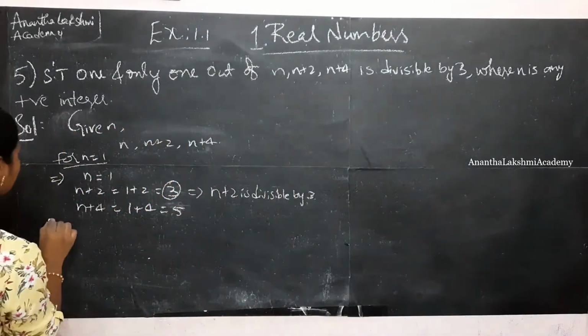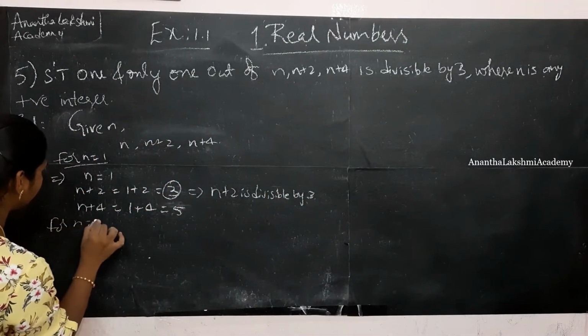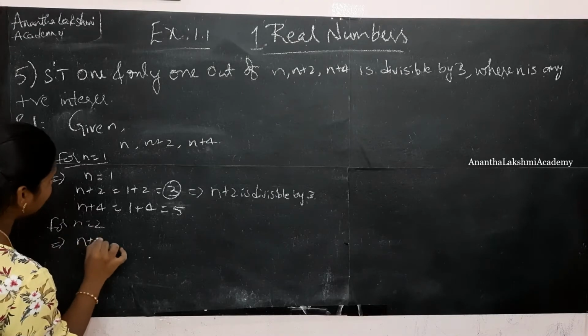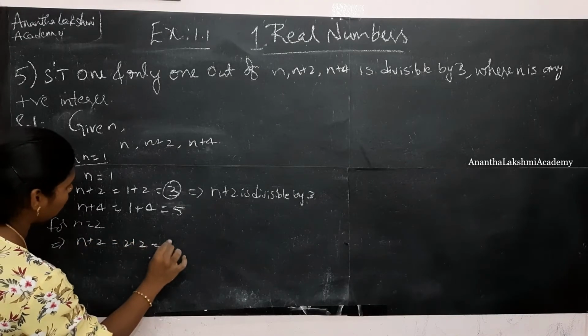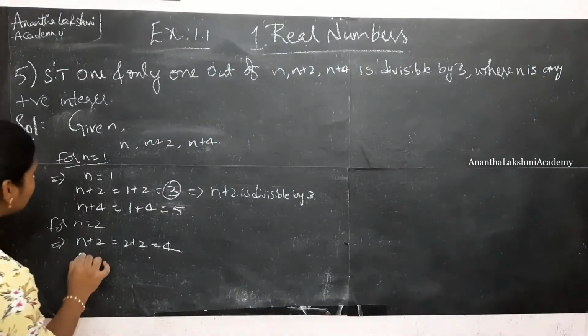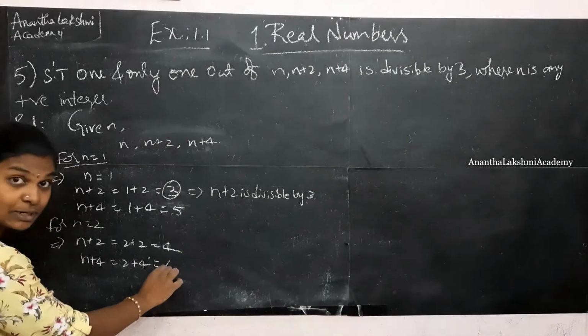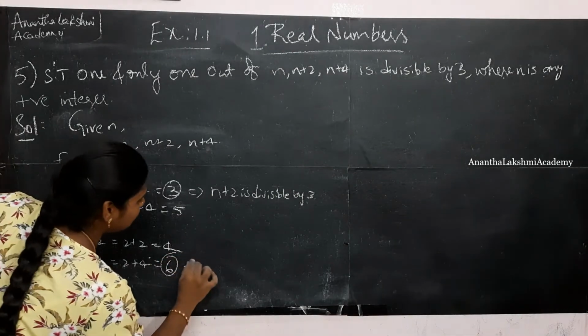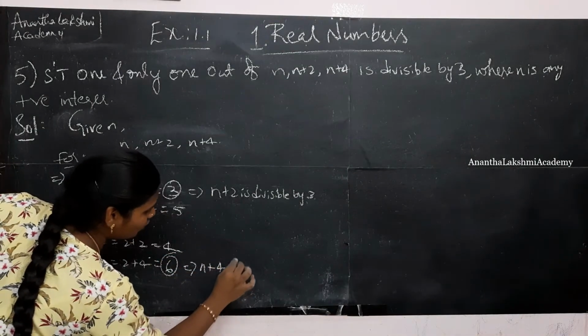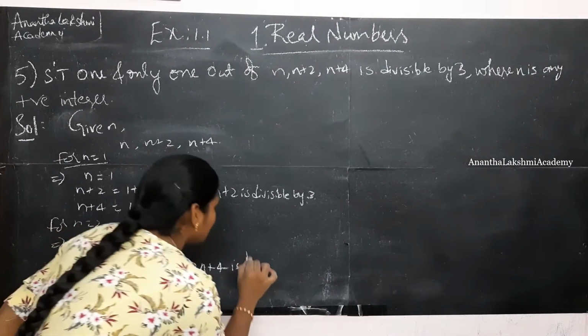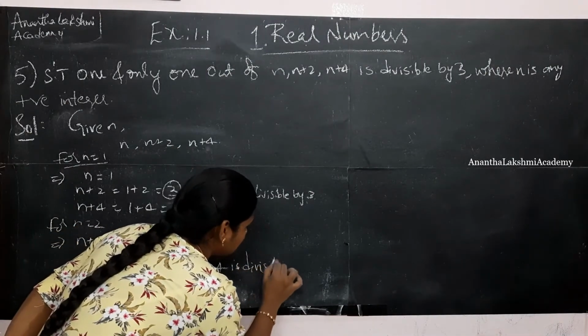Okay, for n is equal to 2, n plus 2 becomes 2 plus 2, which is 4, not divisible by 3. n plus 4, 2 plus 4 is equal to 6, which is divisible by 3. So here n plus 4 is divisible by 3.